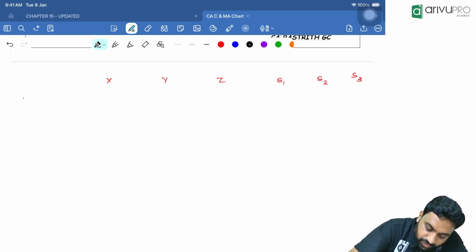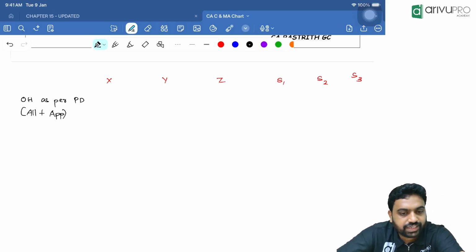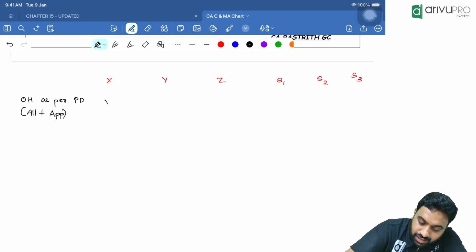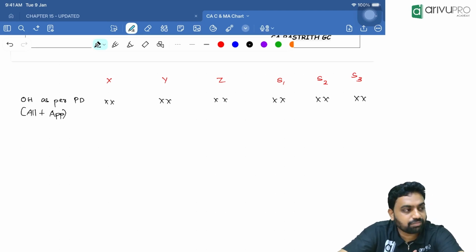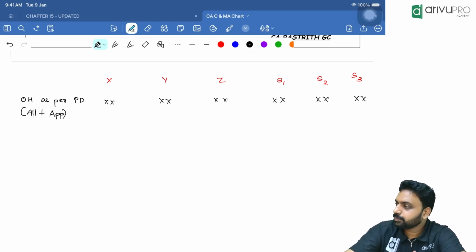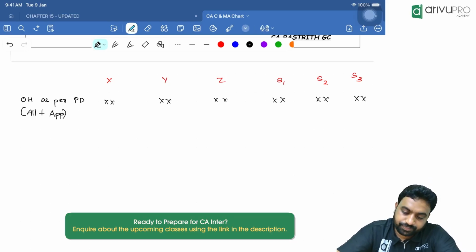Now, overhead as per primary distribution, that means allocation plus apportionment. Correct? Overhead as per primary distribution, allocation plus apportionment. Of course, overhead will be there for all the departments, including service departments. Correct? Okay.